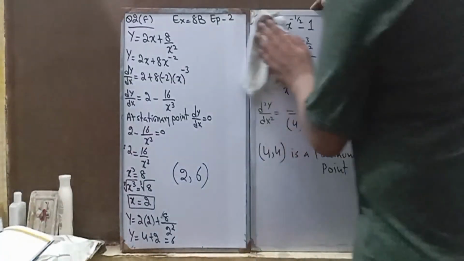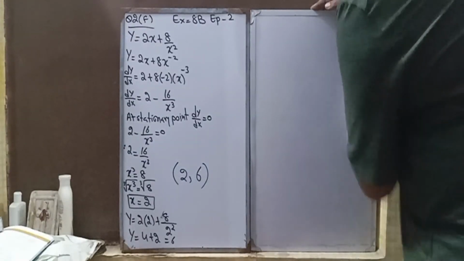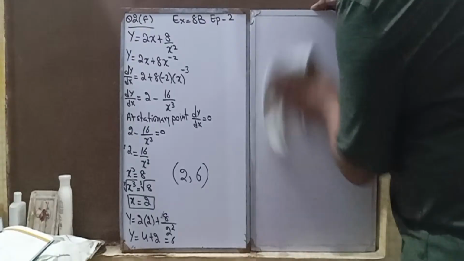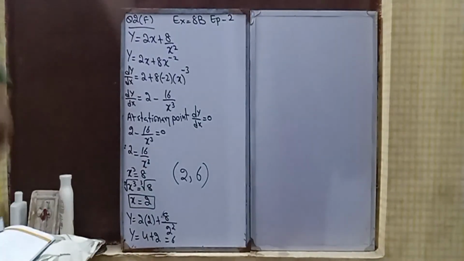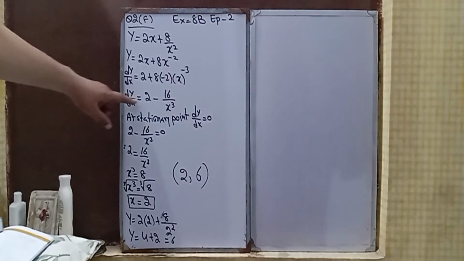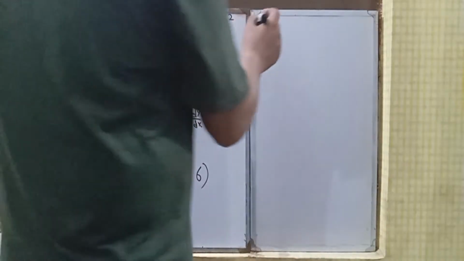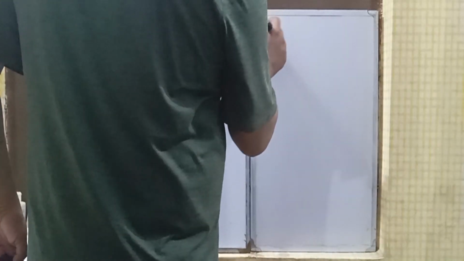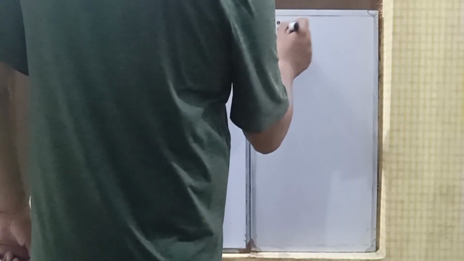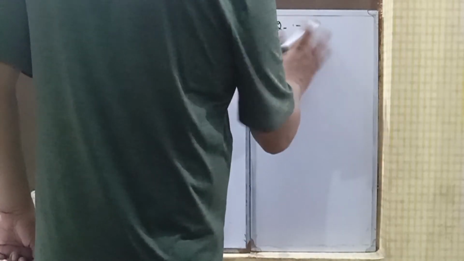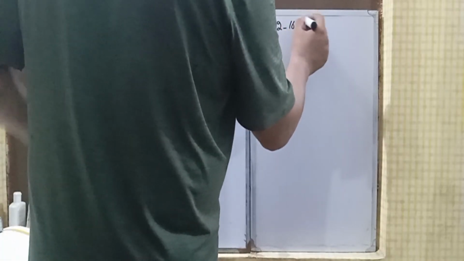My first derivative is dy by dx equals 2 minus 16 by x cubed, which is 2 minus 16 x raised to power minus 3.